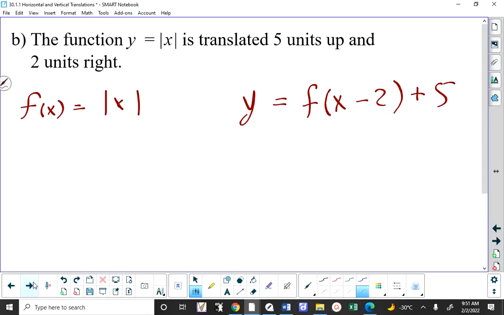F is an operation. It's a function. What's the operation or function? Absolute valuing the input. So f of 5 would be the absolute value of 5. F of kitten would be the absolute value of kitten. F of x minus 2 would be the absolute value of x minus 2.